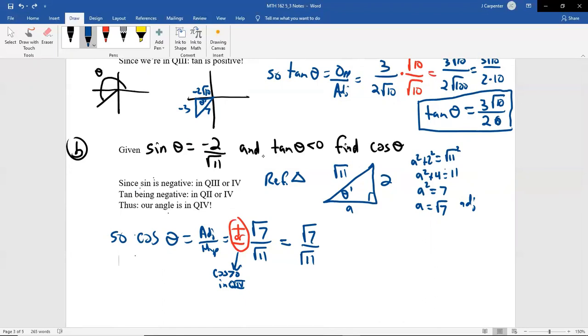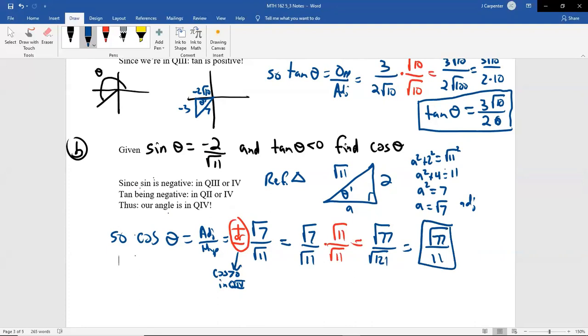But our answer does need to be in the correct form, so we have to multiply top and bottom by the square root of 11 to fix it. And we will get the square root of 77 in the top over the square root of 121 in the bottom, which is the square root of 77 over 11. If you skip the middle step and just say square root times square root is the whole number 11, that's fine with me. But there's our answer.